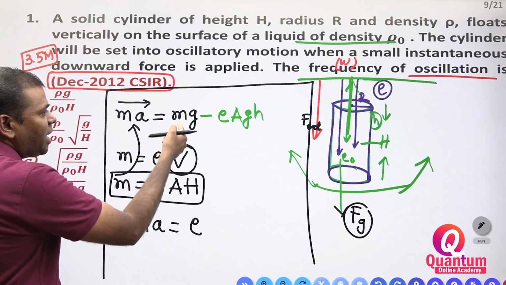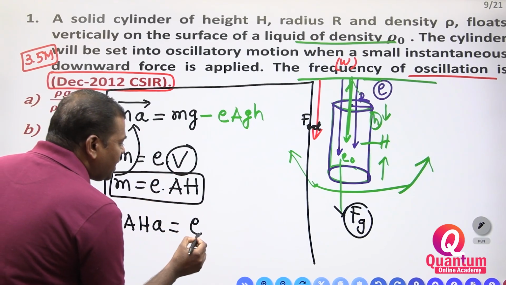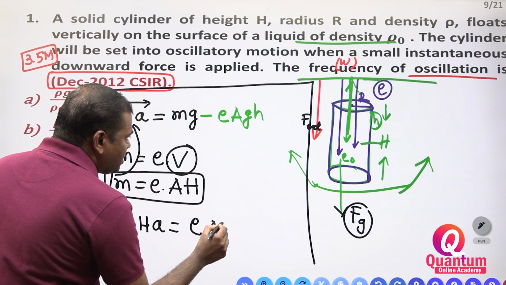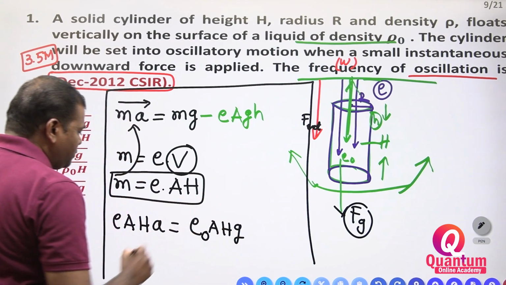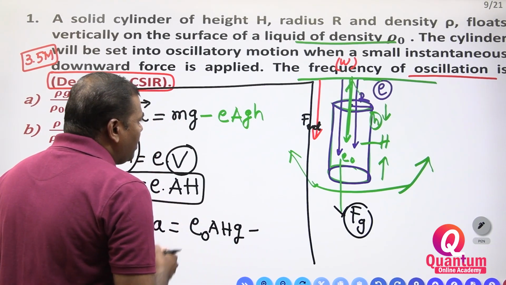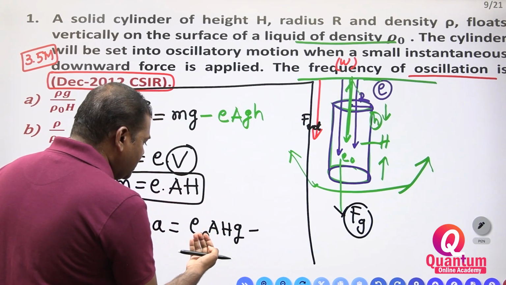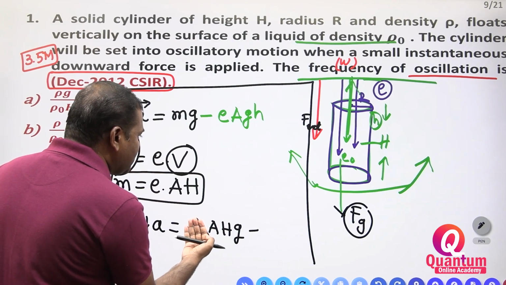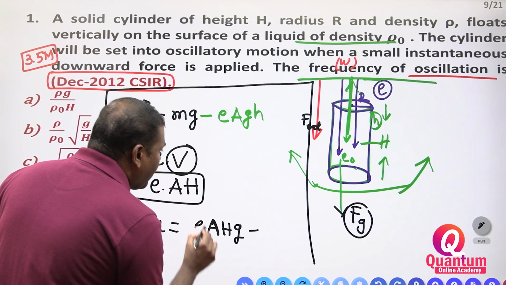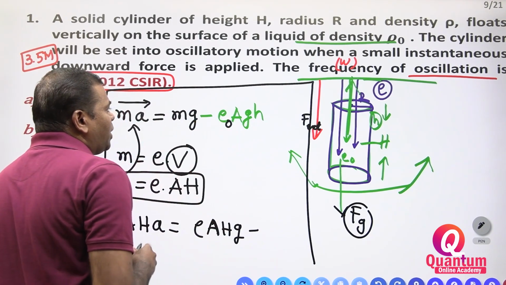Here we have to write, this is the liquid, that's why rho naught A g, rho naught A g minus, which one we have to take? This m, rho A h as it is you have to write. This one you take as rho naught.